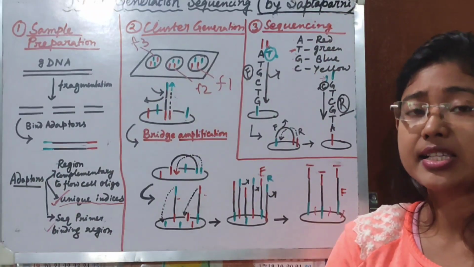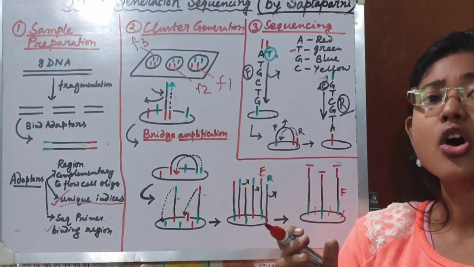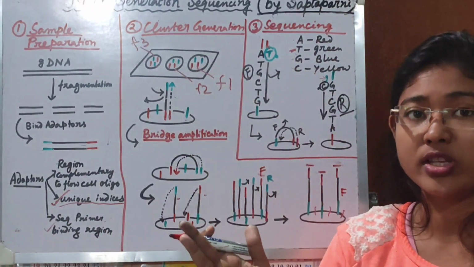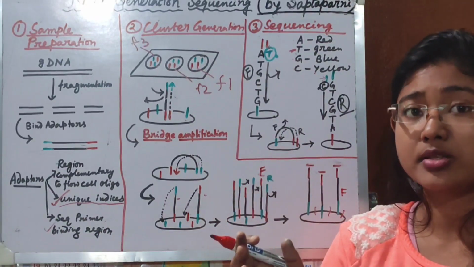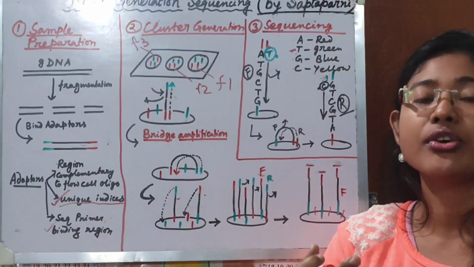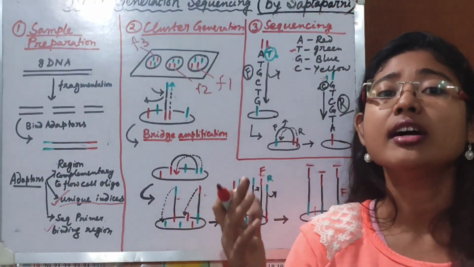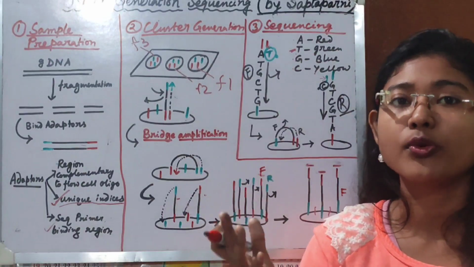Next we will see how, from the sequences of different fragments, you can generate the whole genome sequence. From the library of different fragments and their forward and reverse sequences, how can you generate the sequence of the whole genome? By the method of data analysis, which is done in bioinformatics software or tools.